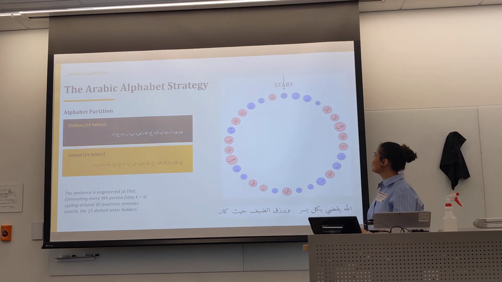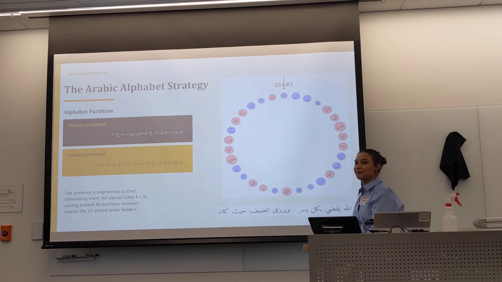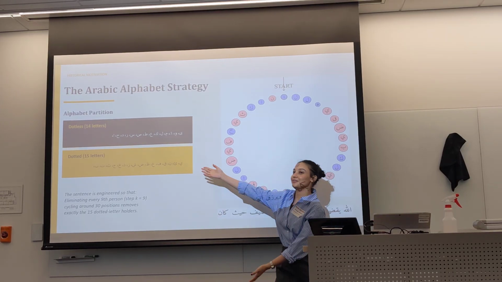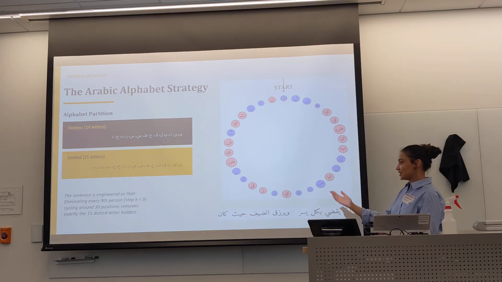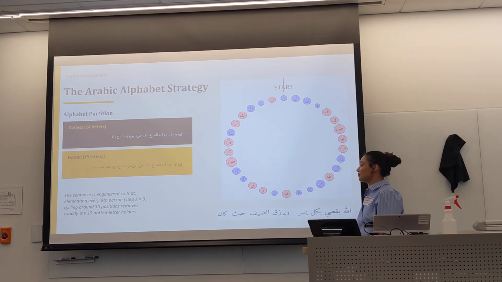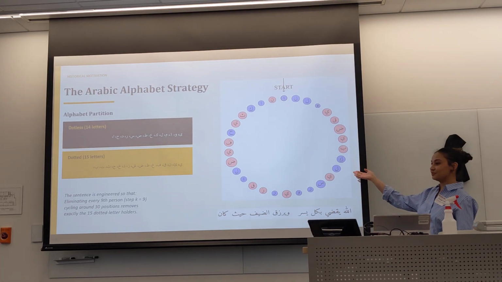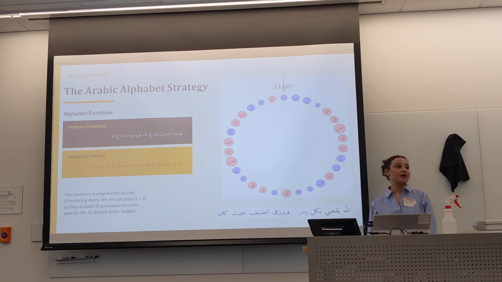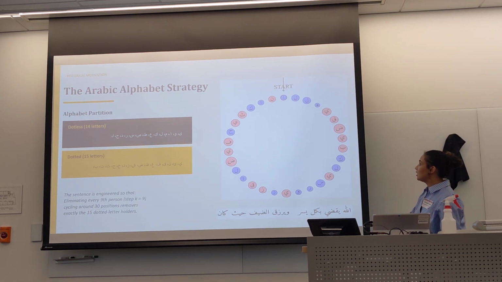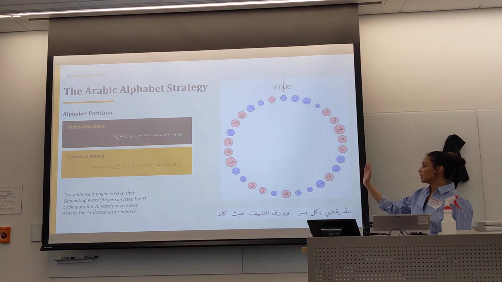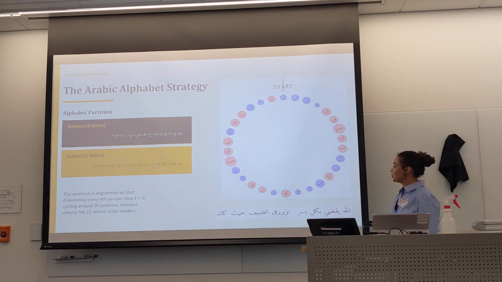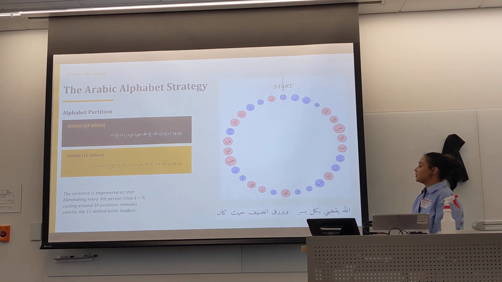So here we go. For my non-Arabic speakers, this is the Arabic alphabet, and we have dotless and dotted letters. As you can see, we write right to left in Arabic. And this is the verse that he used. Every letter is a position on the circle right here, and we have our non-dotted letters in blue and our dotted letters in red.